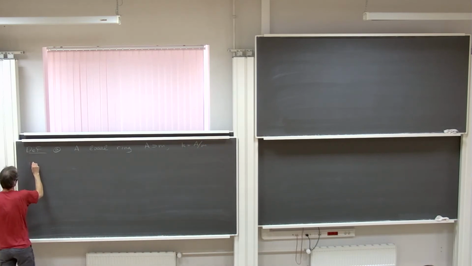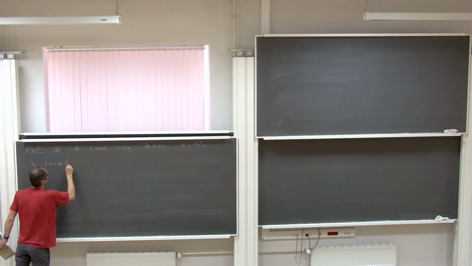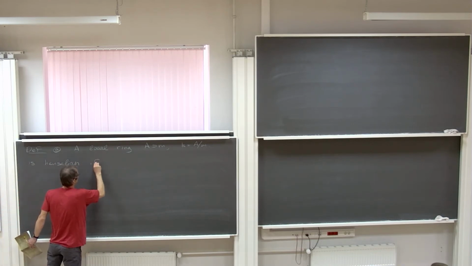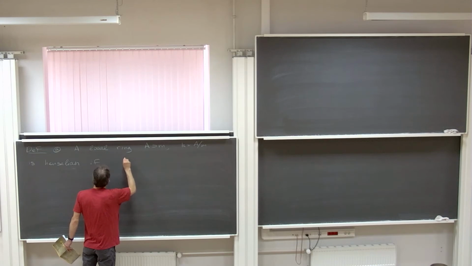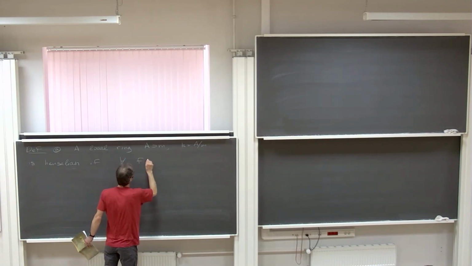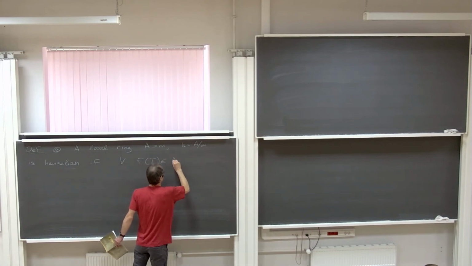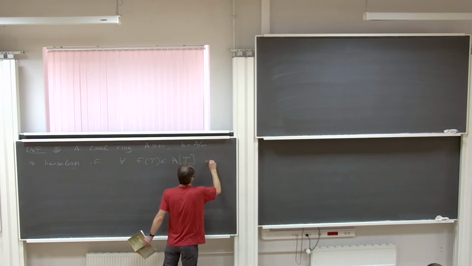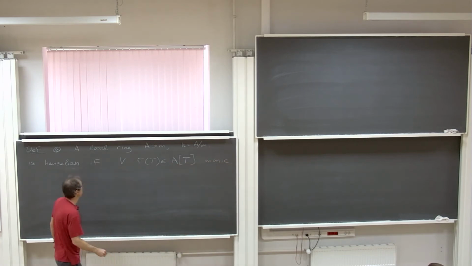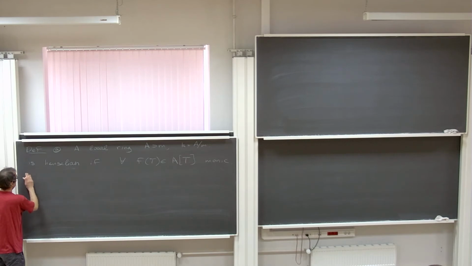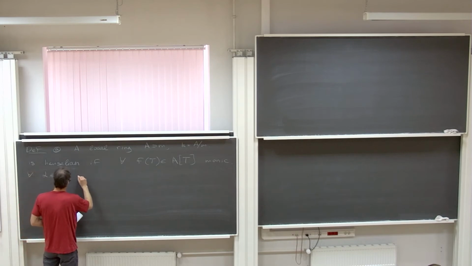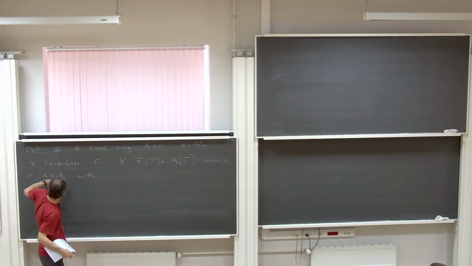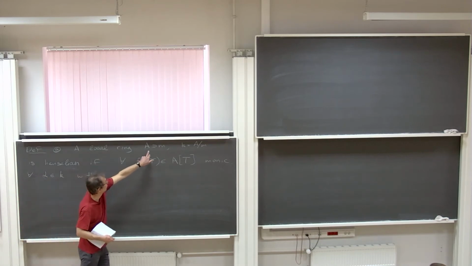A is Henselian if the following condition holds for every monic polynomial f of T, and every alpha in the residue field such that this element is a zero of my polynomial modulo the maximal ideal.